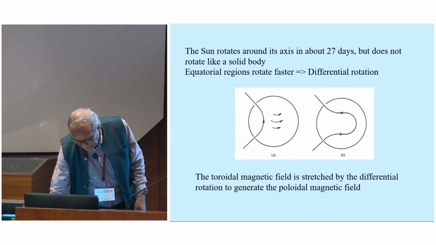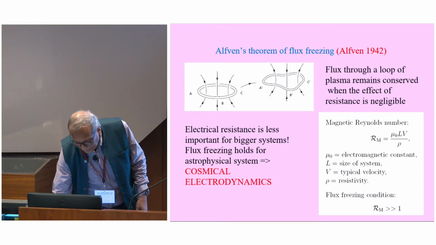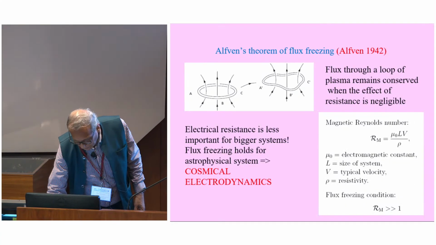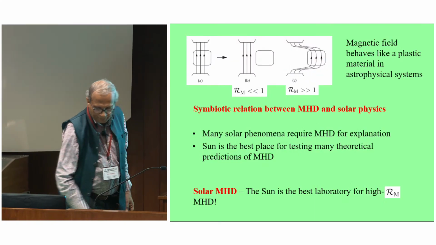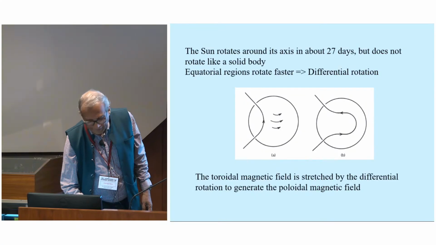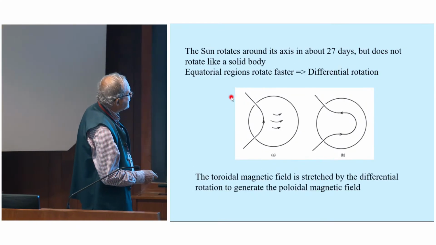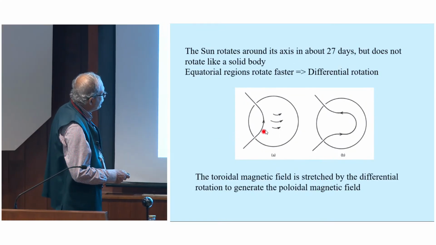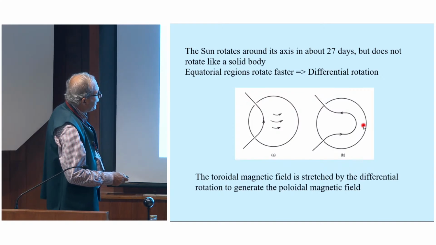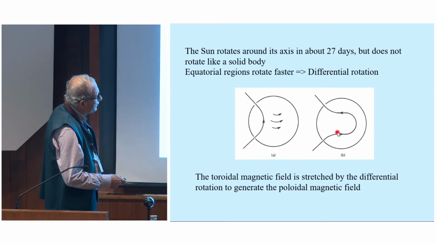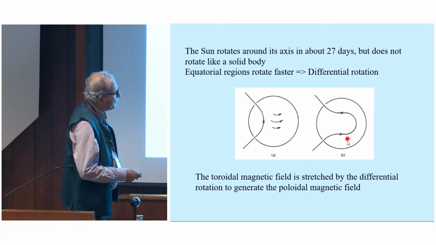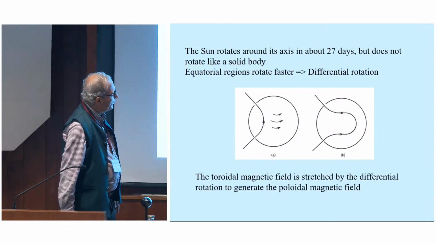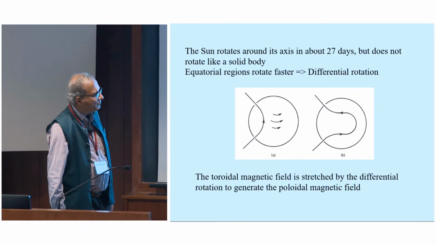It is exactly like what we consider in this picture. So you can see that initially there was only a poloidal field, and now after it is stretched by differential rotation, we suddenly get a toroidal field inside the sun, which was not there before.